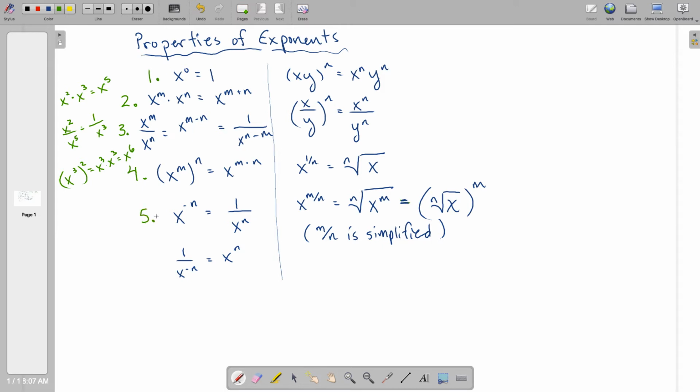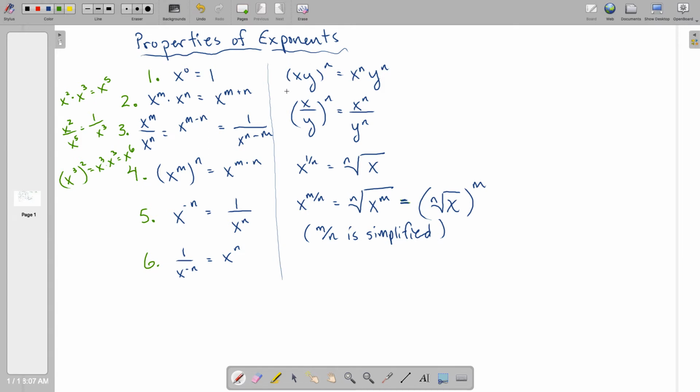Number 5, if I have a negative exponent, the definition of that is that that's the same as 1 over x to that positive exponent. And if you start with the negative exponent on bottom, you can bring it up in the fraction and make it x to the n. So the way in my mind that I like to think of these two is when you want to change the sign of the exponent, you change the level that that particular value is on.